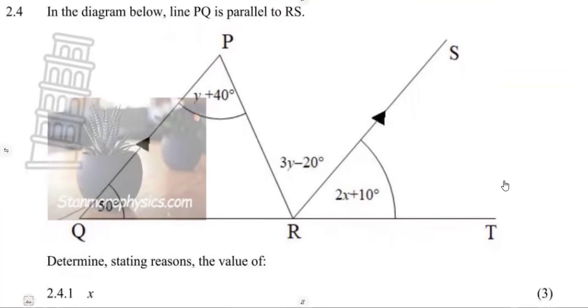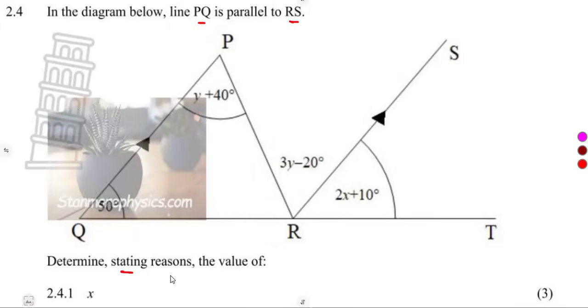2.4, from this diagram that we are given. We are told that PQ is parallel to RS. PQ is parallel to RS. Okay, this is what we are given from these lines.